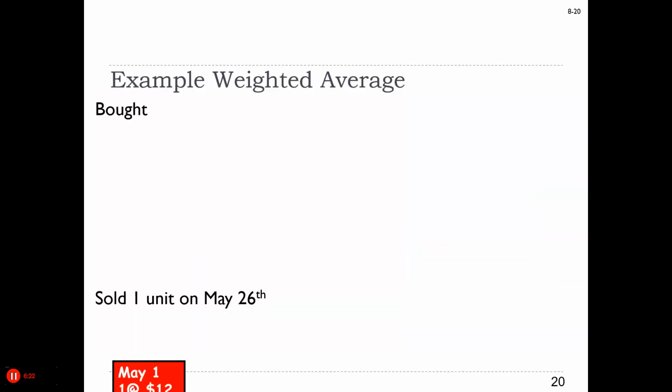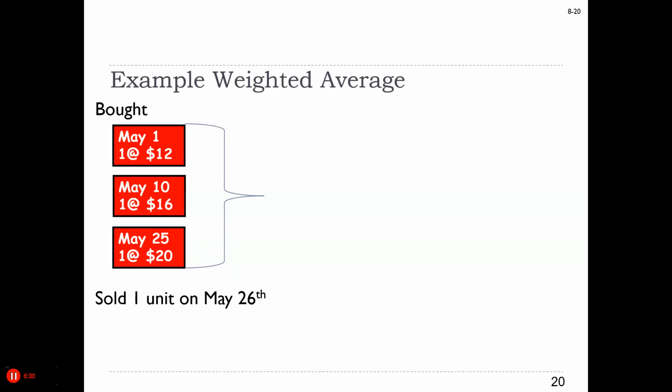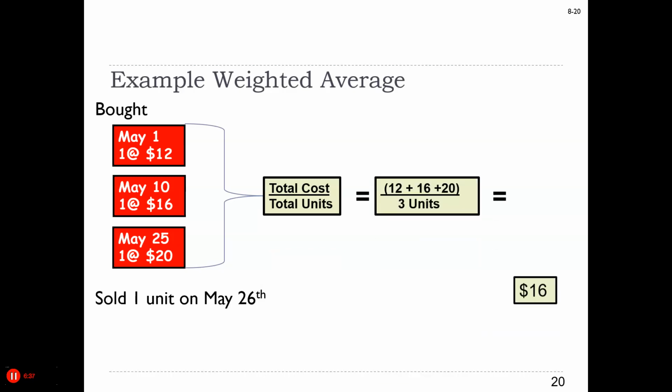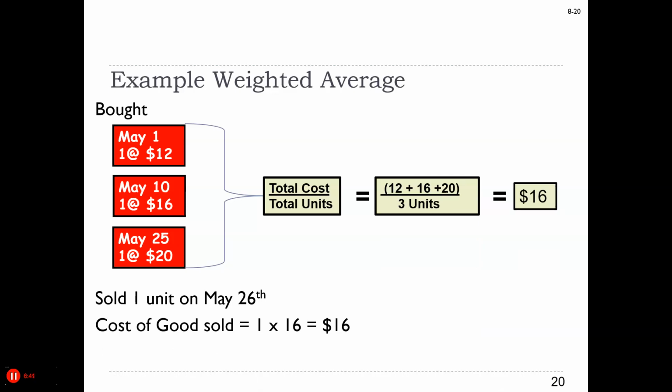Now in our case, we have the 3 units. We sold one at the end of the month. So what that means is we have to include all 3 of these in our cost divided by units, which gives us an average cost of $16, and that would be the amount that's assigned to cost of goods sold. And the ending inventory would be 32.